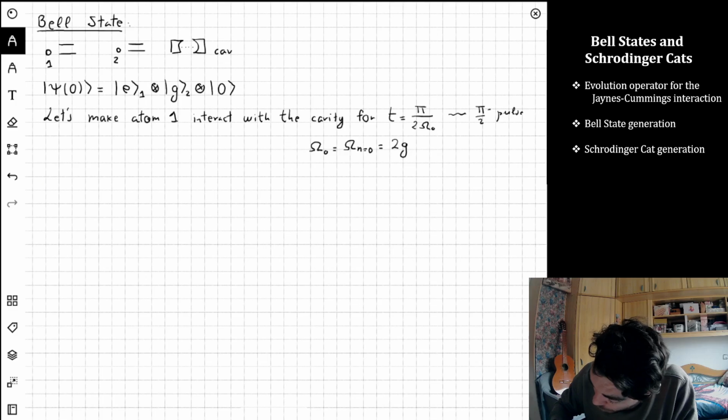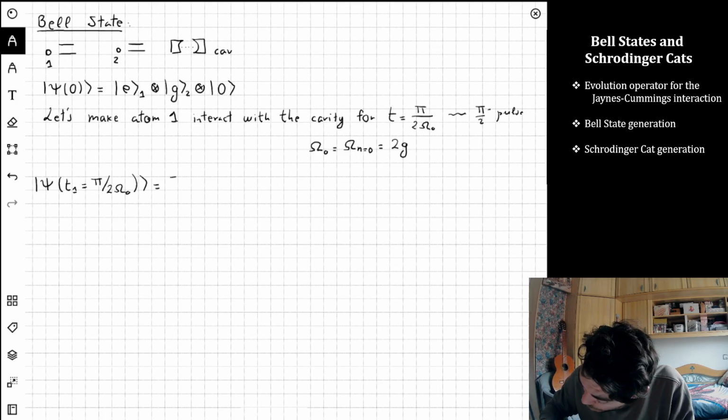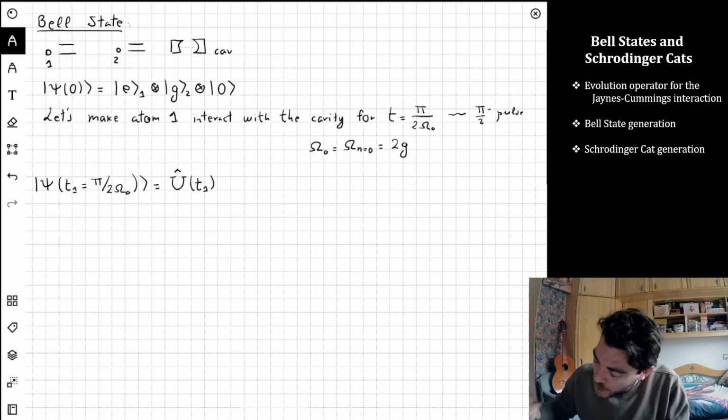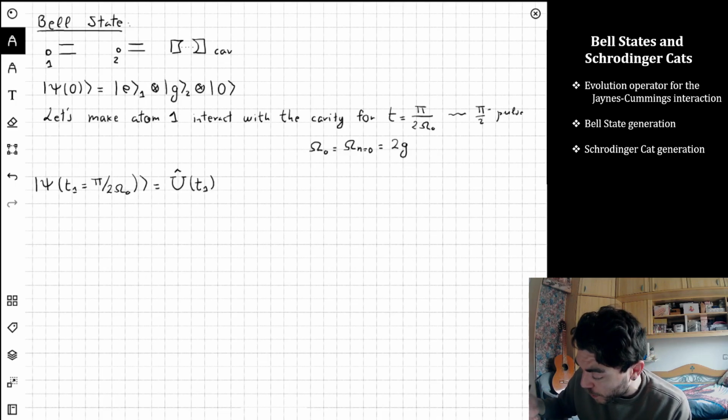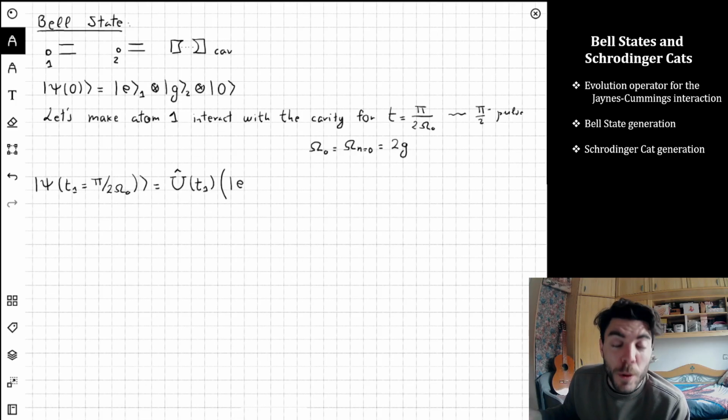So what is the wave function after this interaction? And this is the reason why we calculated all these things about the evolution operator, because we are going to use it now. So the wave function at time t1, which is pi/2 omega 0, is just the evolution operator at t1 applied to the 2 states that were interacting, which is this applied to the state E1 and 0 photons in the cavity, because it's the cavity and atom 1 that are interacting.